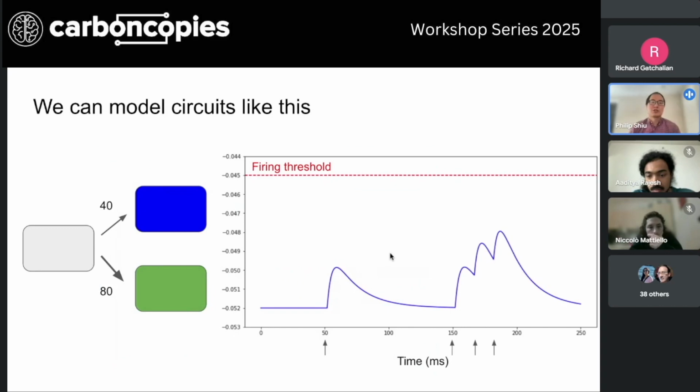So we can model our circuits like this. If this gray neuron spikes at the times shown with the arrows, then the blue neuron's membrane potential will change as a result of this activity.